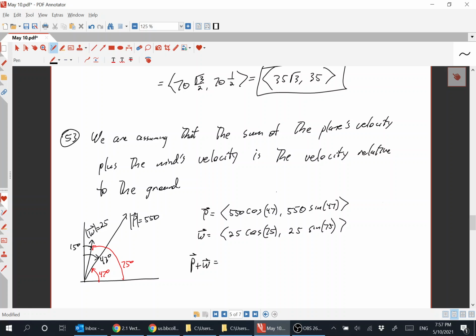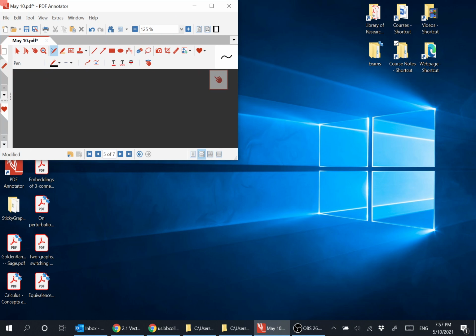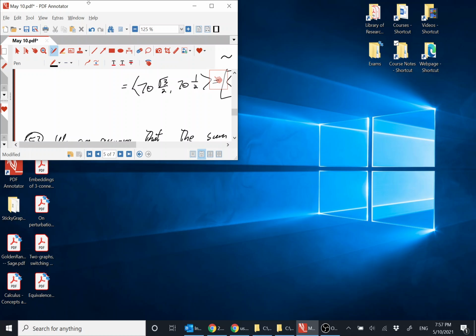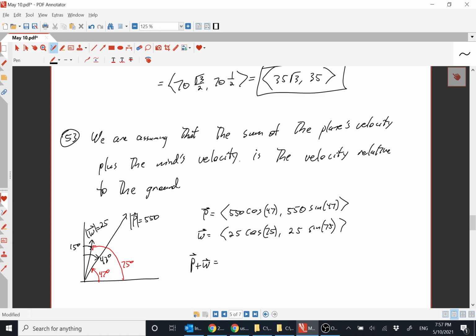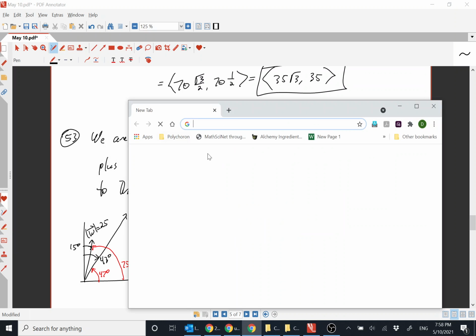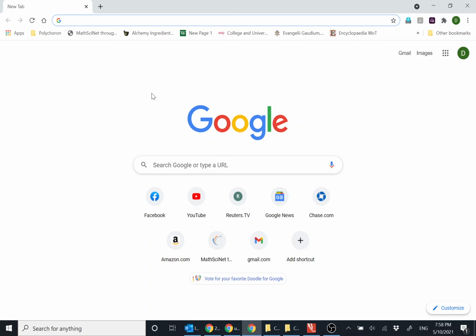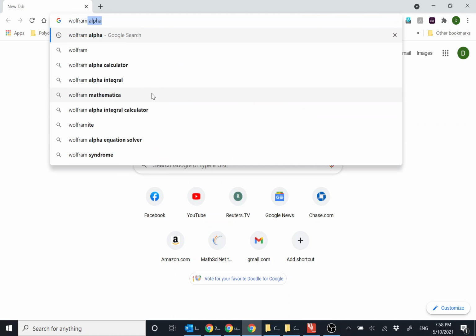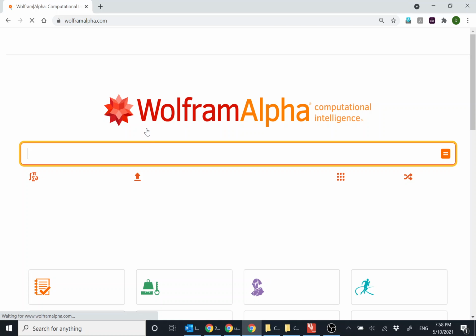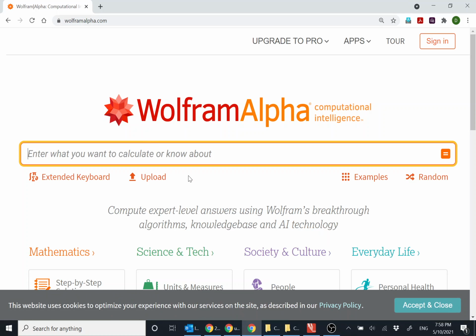If you've got some sort of calculations that need a bit of time to enter into the calculator, has anyone ever used Wolfram Alpha? There's this website, Wolfram Alpha. It's an online version of Mathematica, and it's free. You can use that.